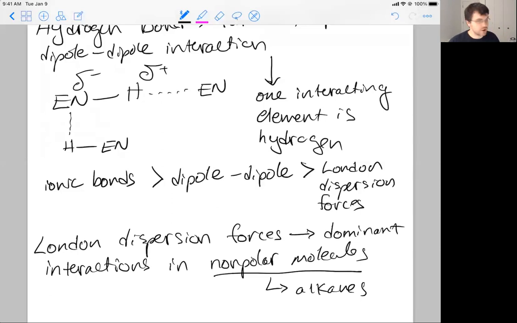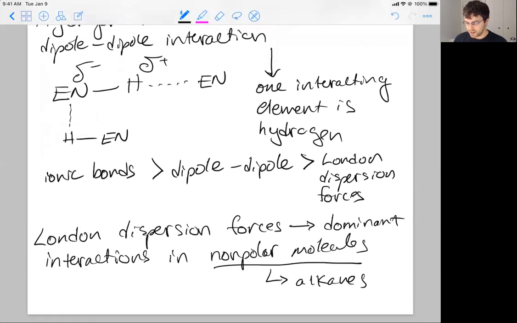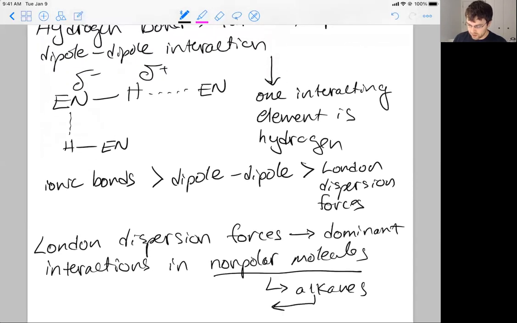So this first functional group that we want to look at, the reason why we're talking about these intermolecular attractive forces is to just get some context. Dipole-dipole interactions are so important. Ionic bonds are worth mentioning, but London dispersion forces are the most relevant to what we're looking at. And I said that alkanes are nonpolar molecules, and that's because carbon and hydrogen have roughly the same electronegativity. We're not going to see a dipole across most carbon-hydrogen bonds unless something else is happening within the molecule.